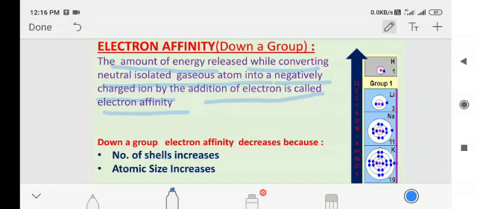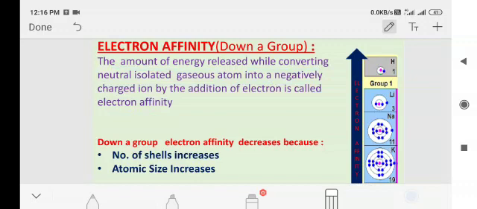In simple language, in हिंदी, कोई atom जब electron को gain करते हैं, that atom will turn into a negatively charged ion. When an atom absorbs or takes an electron, that atom turns into a negatively charged ion. And इस process में जितना energy release किया गया है, that is what we call electron affinity.